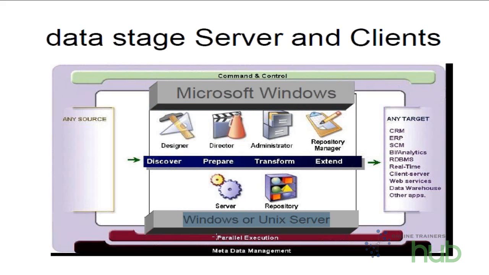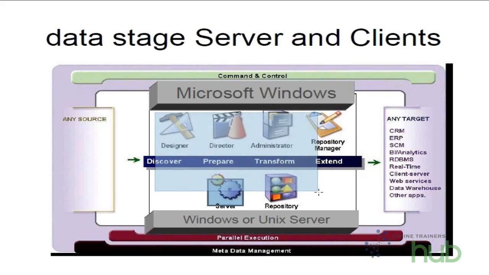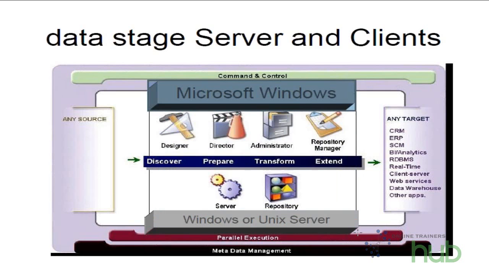Within the DataStage server we have built-in parallelism techniques, which we call the parallel engine, through which we can execute DataStage jobs in parallel. So we have a repository, we have data, how one can process the data, and also metadata. I'll talk about them in detail from the next session onwards.